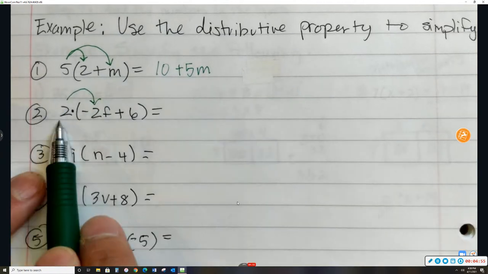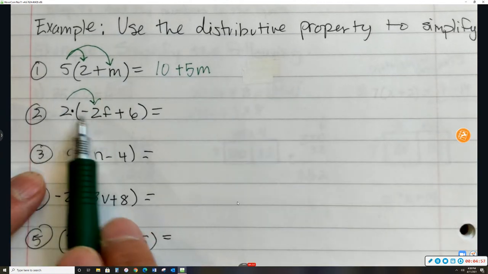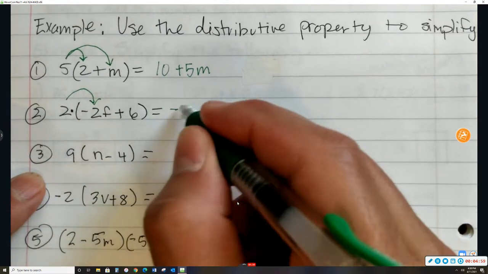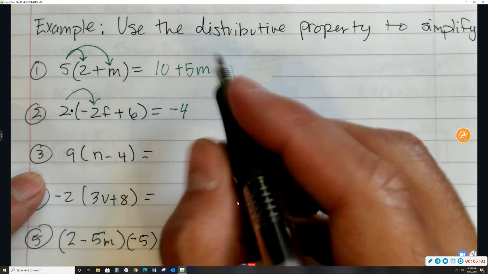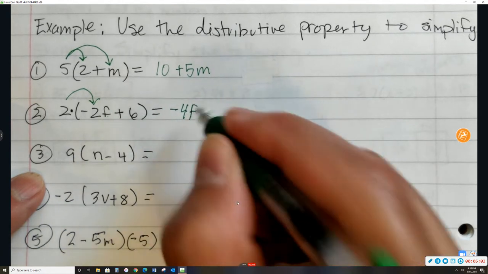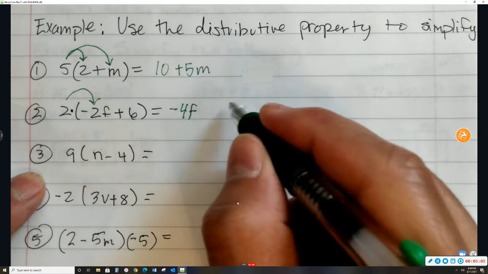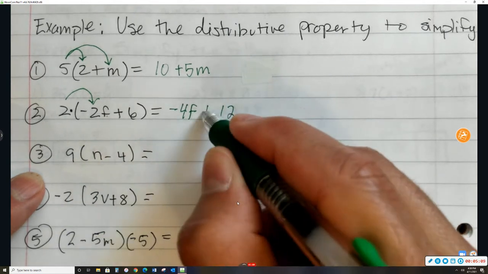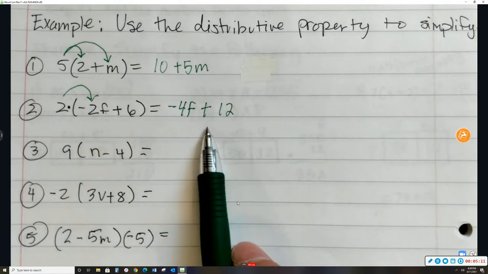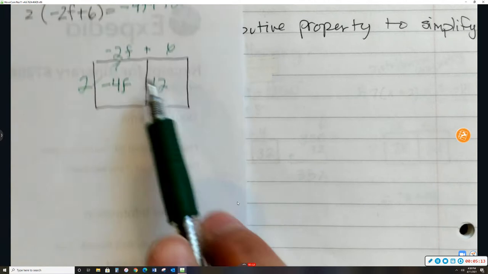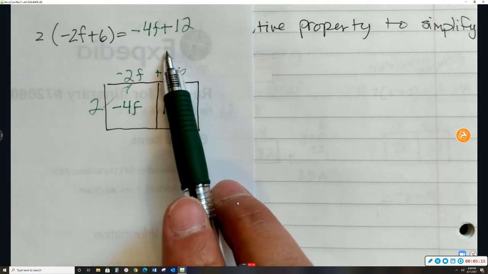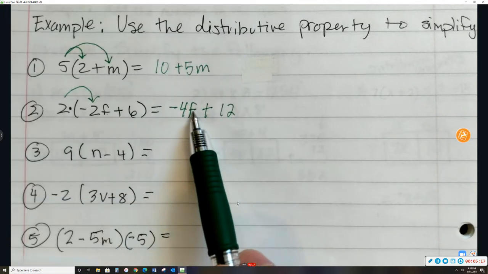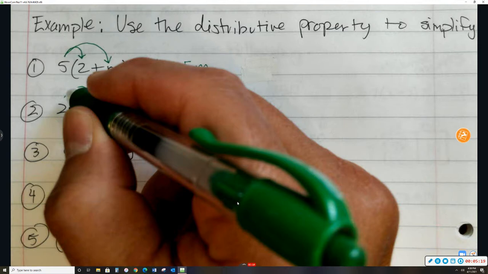Take the outside number and multiply it to this. 2 times negative 2 was negative 4, this one does have a letter, and 2 times 6 is 12, and there was the plus in between. Same answer as my box method, only way less writing.